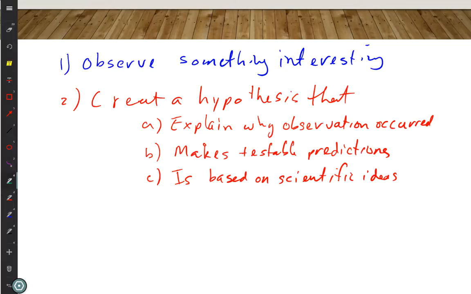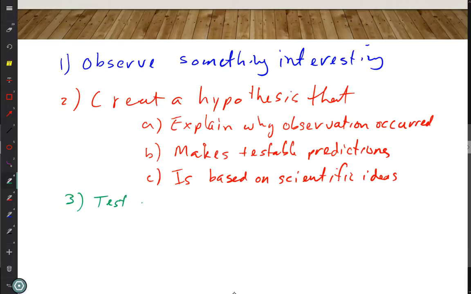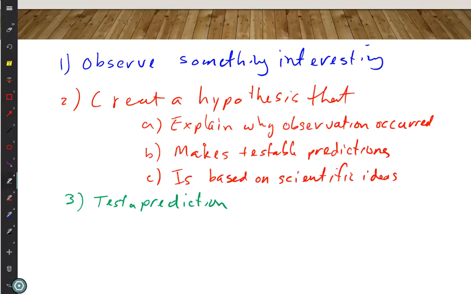Then for step 3, what is step 3? So you're going to test a prediction, I'll say. Don't want to make it too large. So test a prediction of your hypothesis.